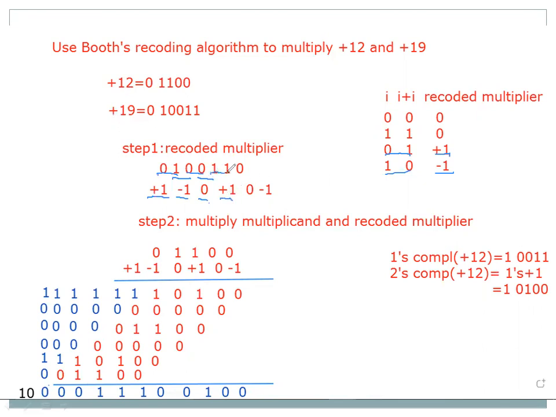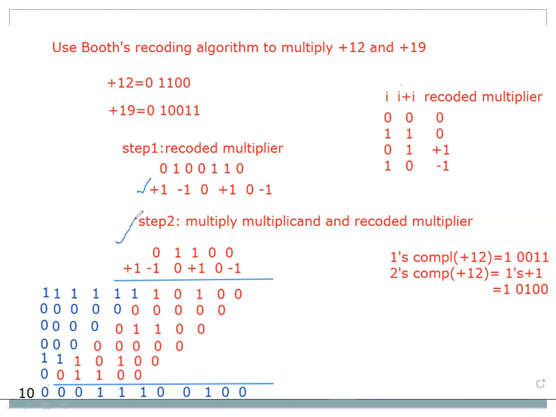Next you compare 1 and 1. Here the recoded multiplier is 0. Next you compare 1 and 0. It is minus 1, so you write minus 1 in the recoded multiplier row. So in this way, we can find the recoded multiplier.